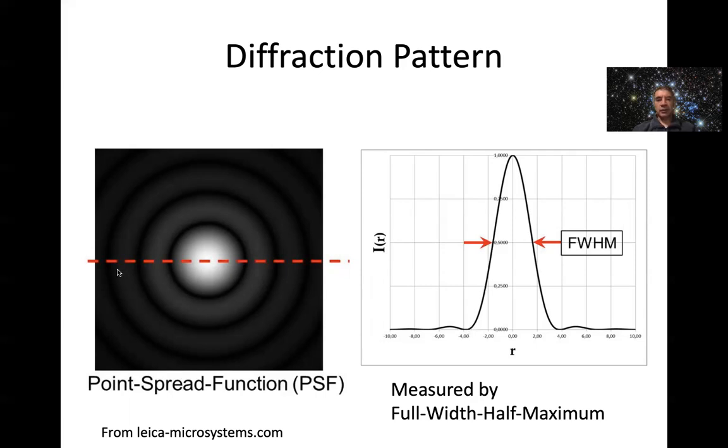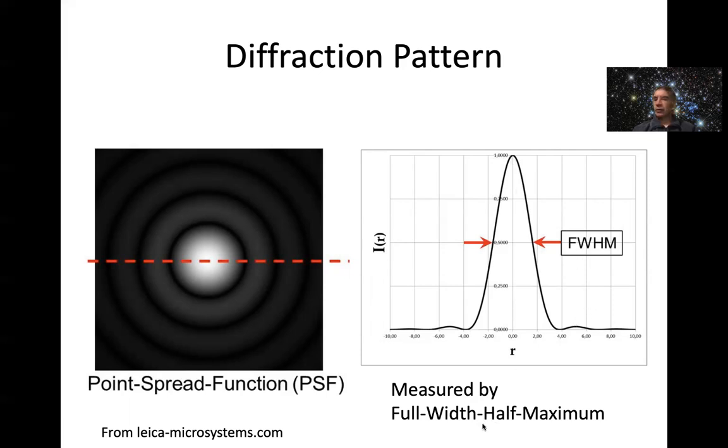If you take a slice through here, you can see that the intensity pattern would look like this. You have this peak in the middle, which looks a little bit like a Gaussian curve. And often this would be characterized by the width here at half the maximum peak.